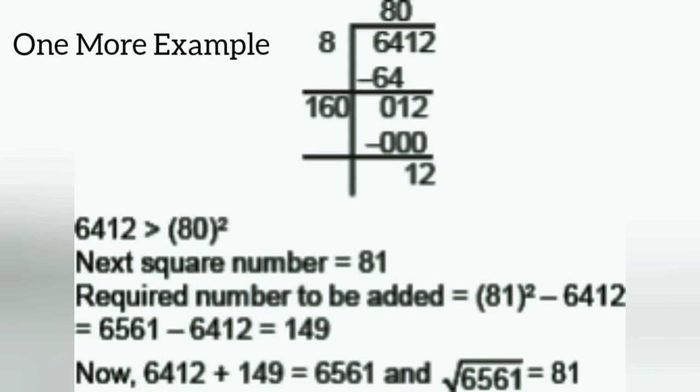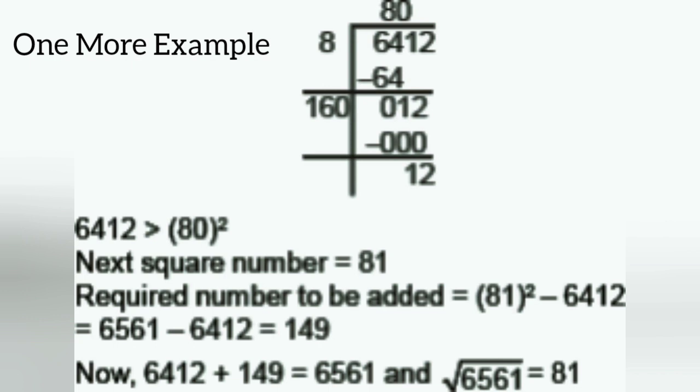Now if you see, the final answer on subtracting 6412 from 6561 is 149, and it is the least number that should be added to 6412 to get a perfect square number, right?